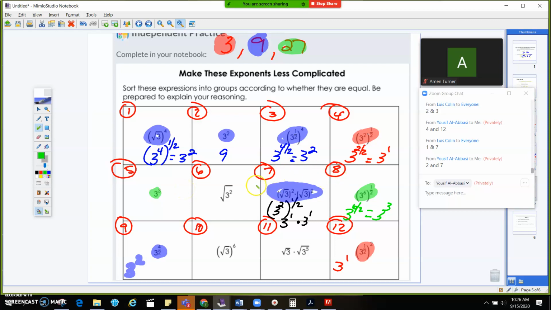All right, so where does 6 belong? The red, green, or blue? Well, let's think about it. Somebody said red? Okay, so let's check it. So if I have 3 raised to the 2nd power, and I'm raising that to the 1/2, multiply those exponents, that's going to be 3 to the 1st power. Well, 3 to the 1st power is that red.